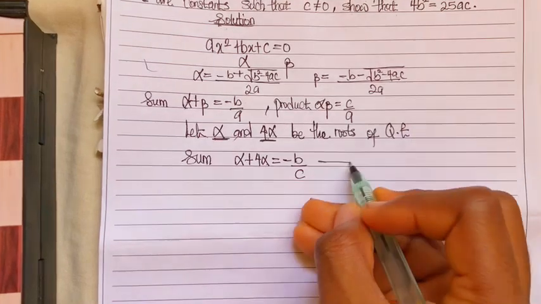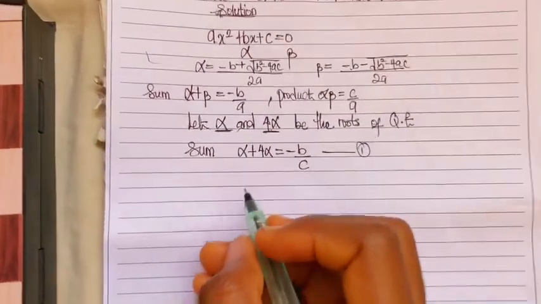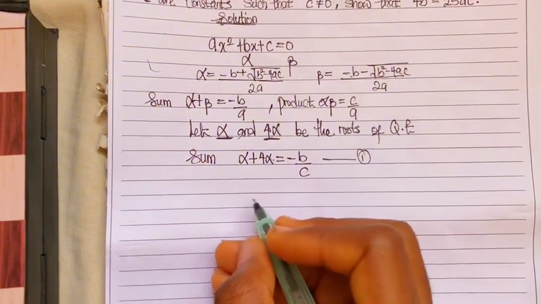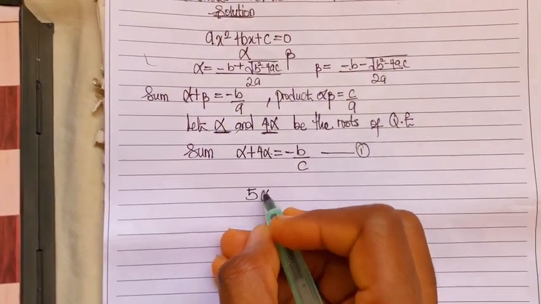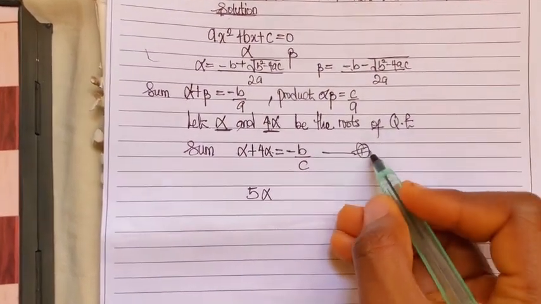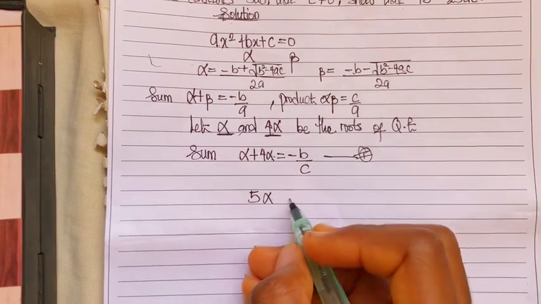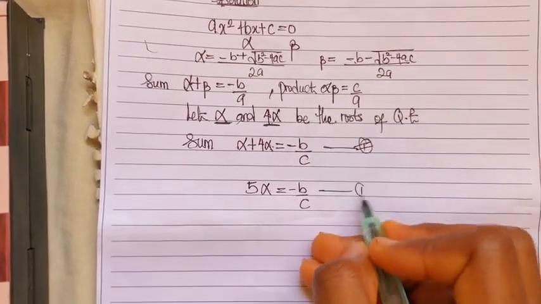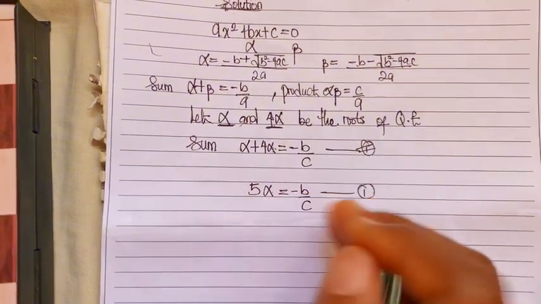Then this plus this will give us 5 alpha. So 5 alpha equals minus b over c. We can call this equation 1. There's no way we can proceed further from this.